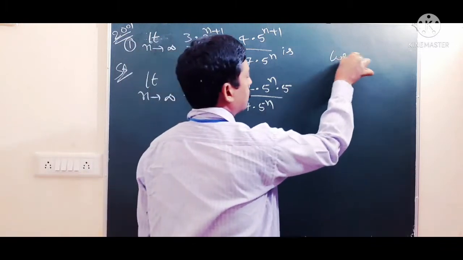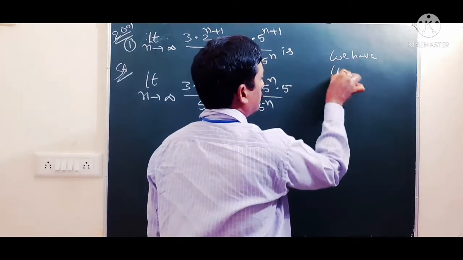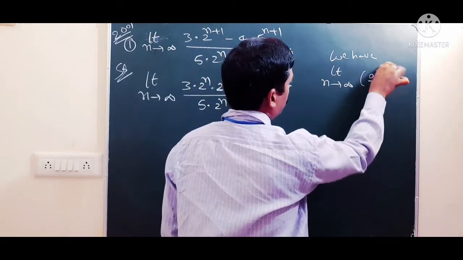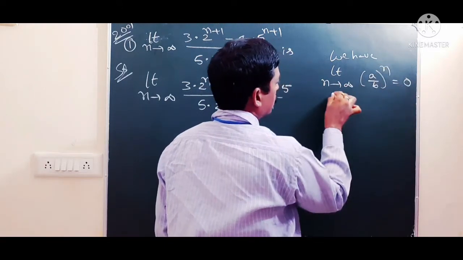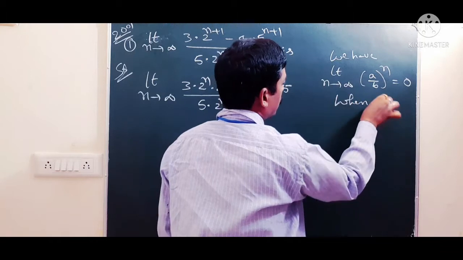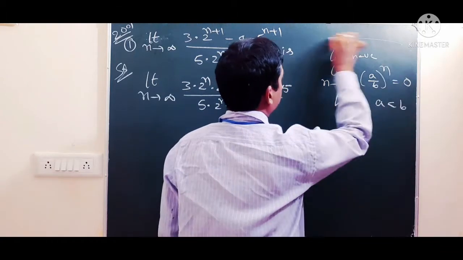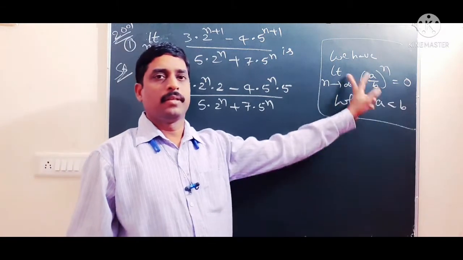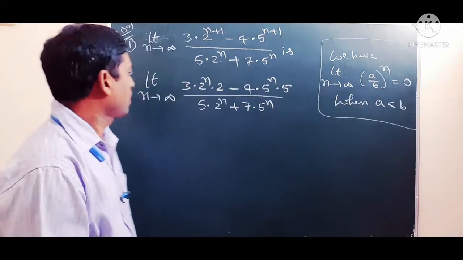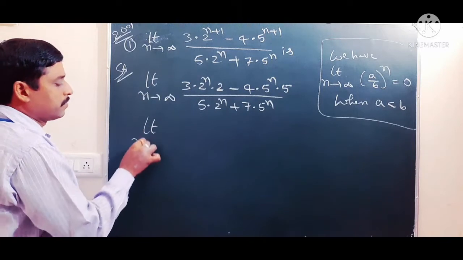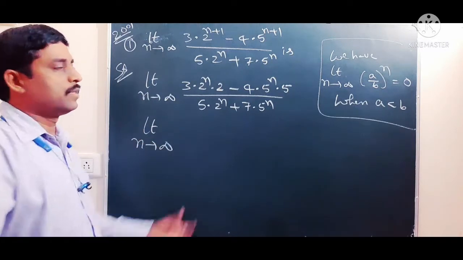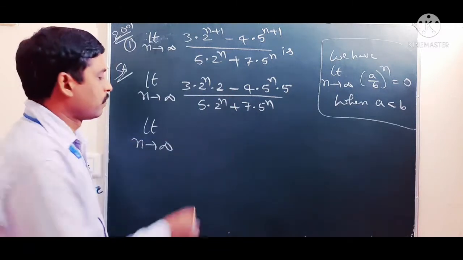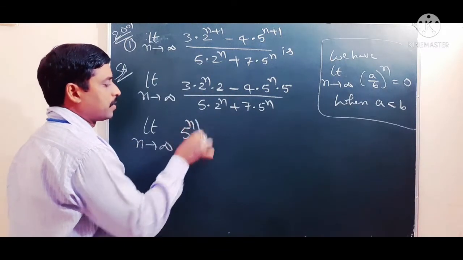We have limit n tends to infinity of a by b whole power n is equal to 0 when a is less than b. When a is less than b, this value will be 0. So in this, take 5 to the power n out common.